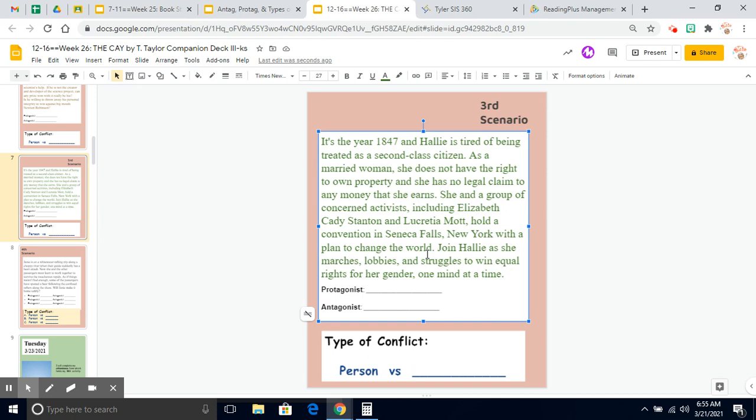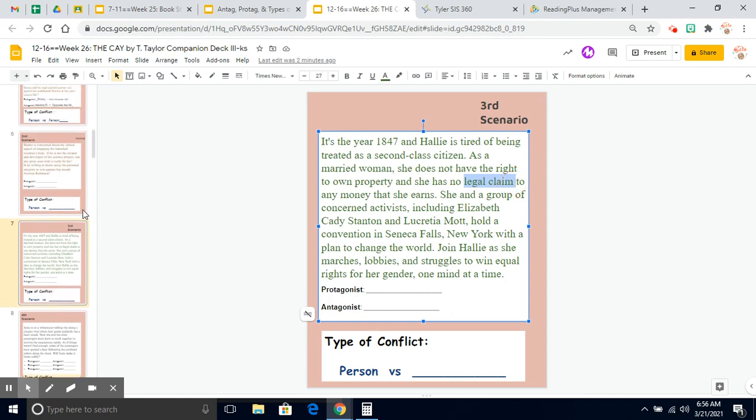But remember, who is going to be your main character? That's your protagonist. Is it Hallie? She's married. Is she angry with her husband? Is he the one that's stopping her? Or is it something else?